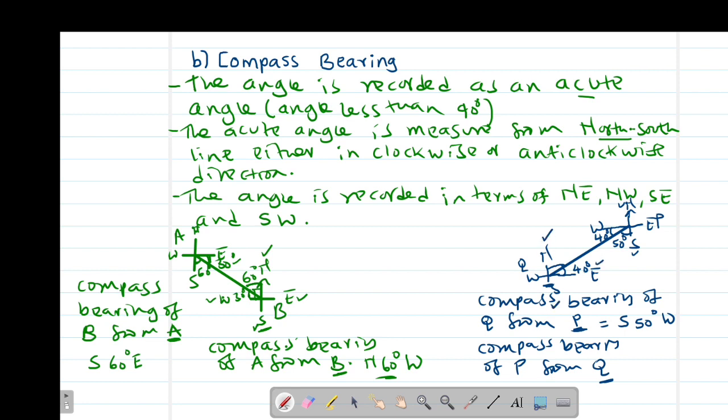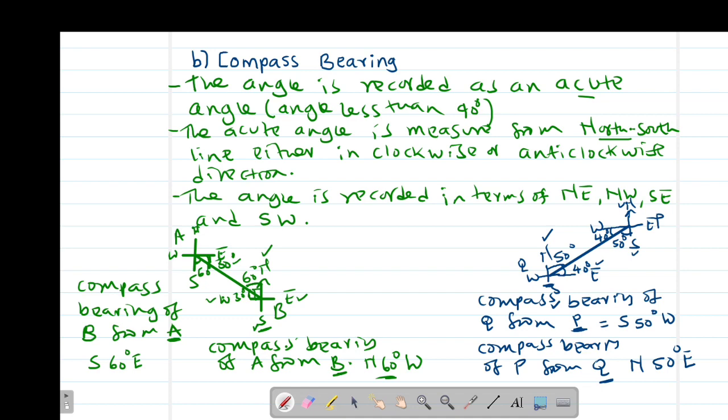So you cannot use 40 degrees because 40 degrees is in contact with the west-east line. Therefore, for the compass bearing of P from Q, if this is 40, the remaining angle will be 50. So this will be north 50 degrees east. So that will be our compass bearing.